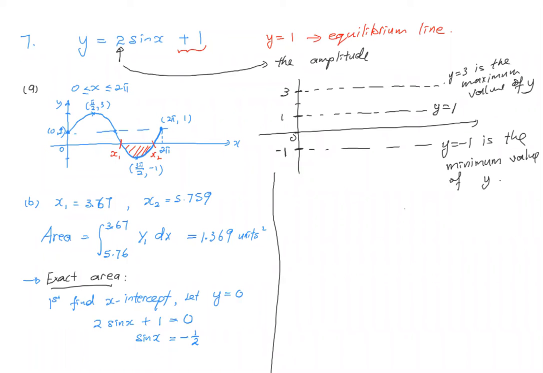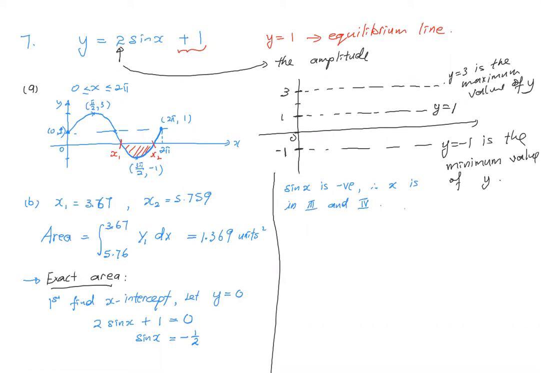Yep. So can you tell me x is in which quadrant? x1 would be in the third quadrant. So that means in this case, sin x is negative. Therefore, x is in the third and fourth quadrant.